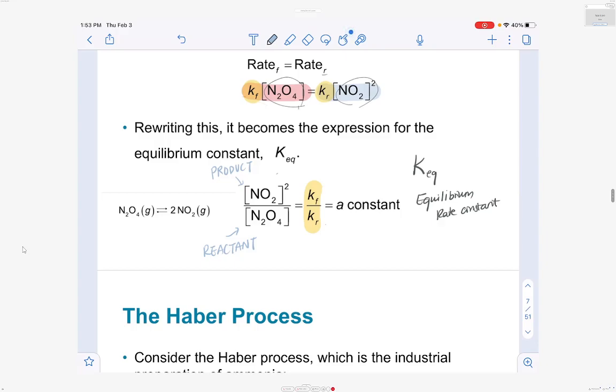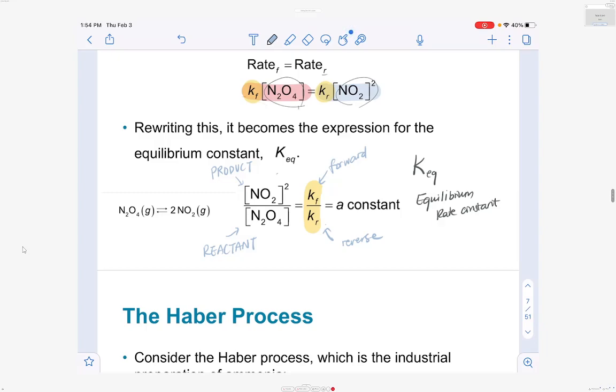But when you're expressing in terms of rate constant, the rate constant for the forward reaction is going to be the numerator. The rate constant of the reverse reaction is going to be the denominator.